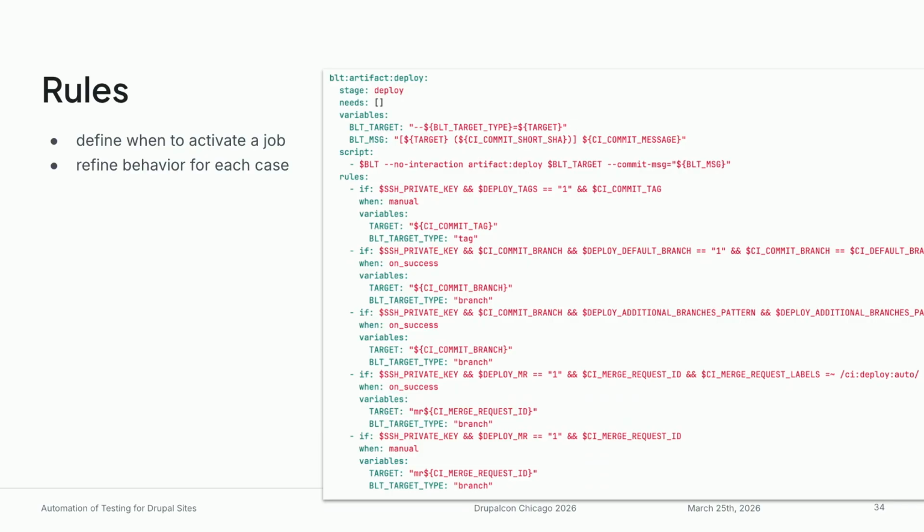Sometimes when is set to manual, which means it's going to require user intervention to trigger the job. And in some of the cases, it's on_success, which means if the previous stages of the pipeline run successfully, then it's going to be triggered automatically. It also tweaks a little bit the behavior of BLT depending on the case.